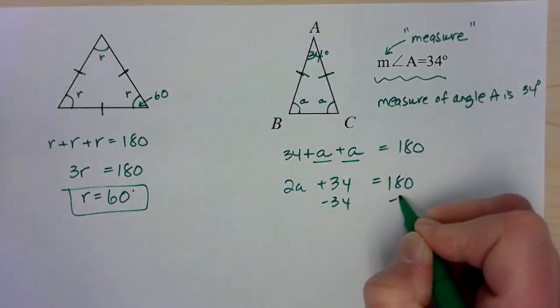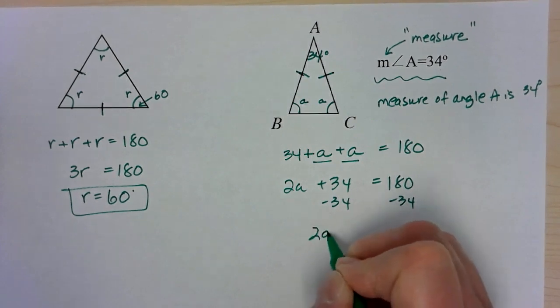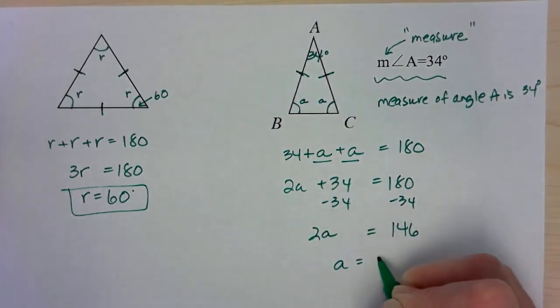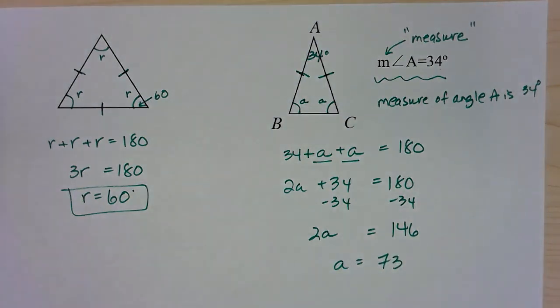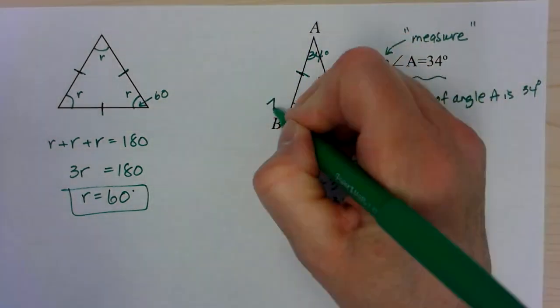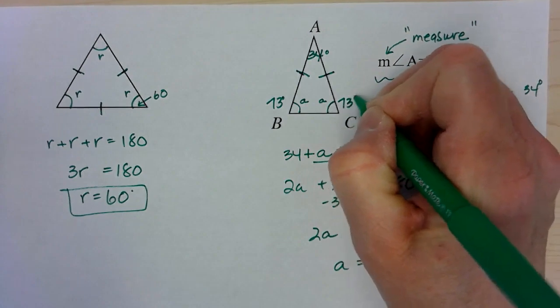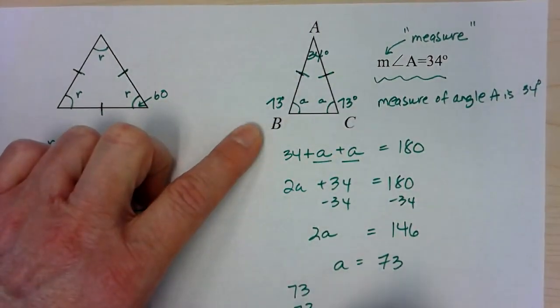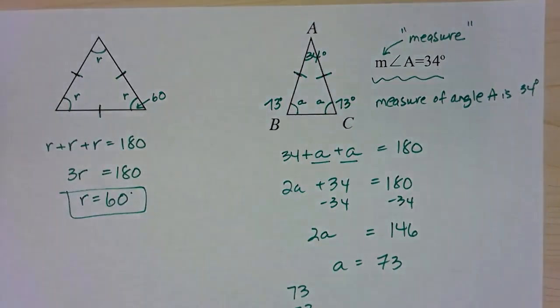Subtract 34 from both sides. 2A equals 146, divided by 2. A equals 73. So each one of these base angles is 73 degrees. Let's check it. 73 plus 73 plus 34 equals 180. Throw it in my calculator, and it is. I've done that properly.